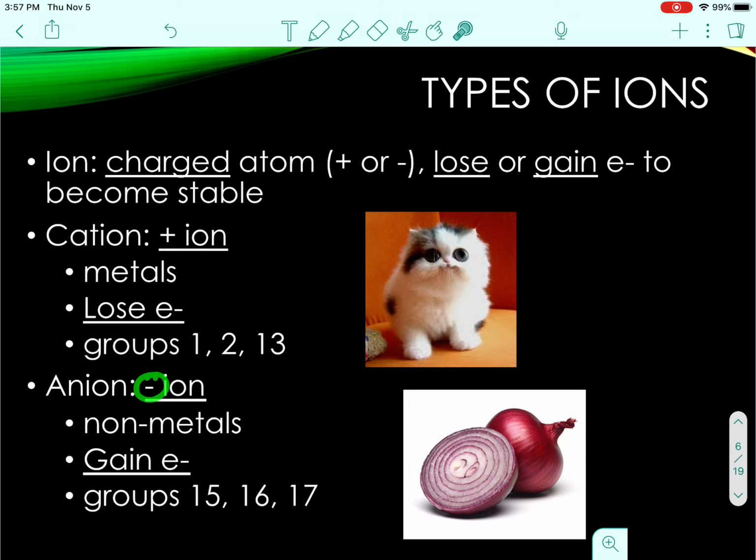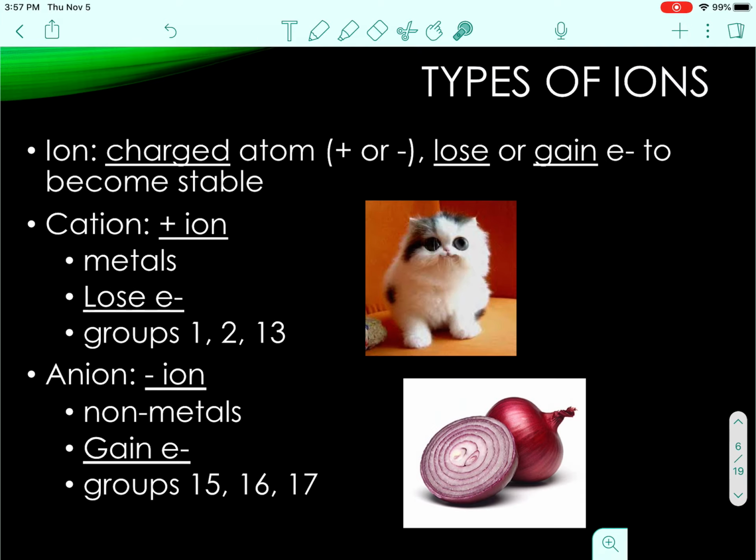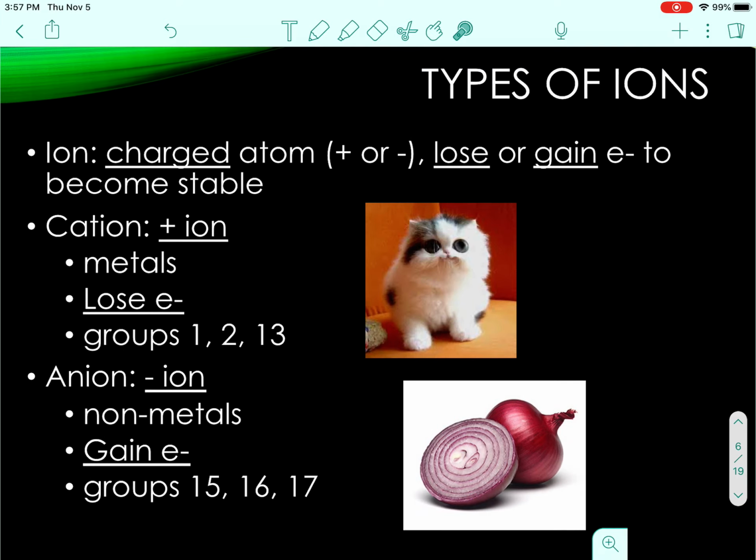Now, anions form negative ions by gaining electrons. And the word anion kind of looks like the word onion, and onions make you cry. So onions are negative. Okay, those tend to be nonmetals in groups 15, 16, and 17. Okay, and we're going to stop there for part 1.